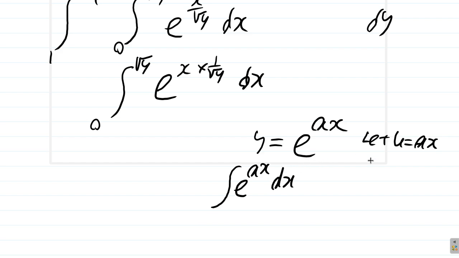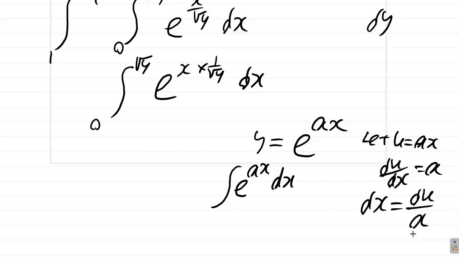That means x is a variable, and a is just a number. And here, du by dx is equal to a, right? So dx would be equal to du over a.